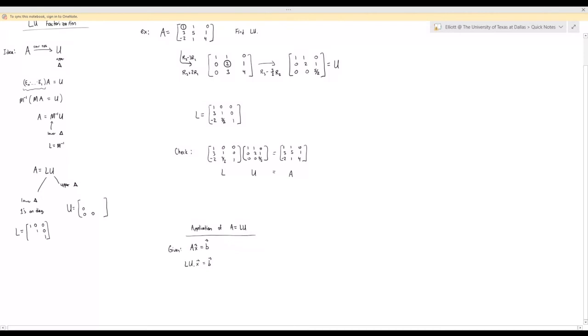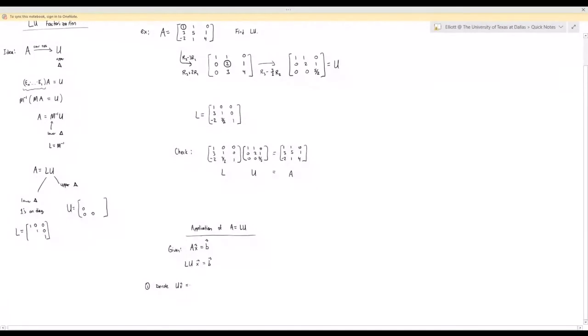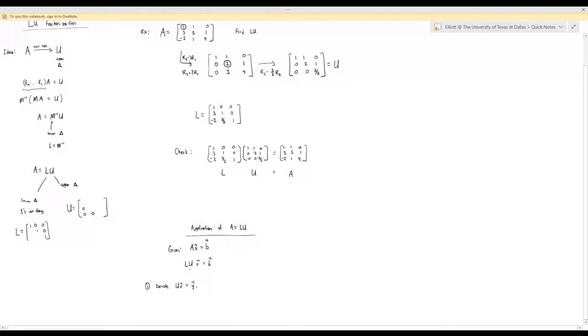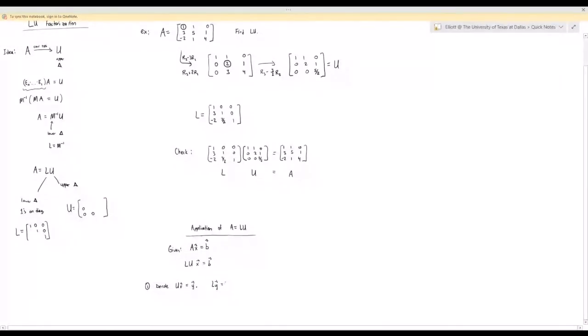So the way that's going to work is we're going to split this into two steps. We're going to denote the product Ux as a new variable y. So then this equation would look like Ly equals b. Okay.